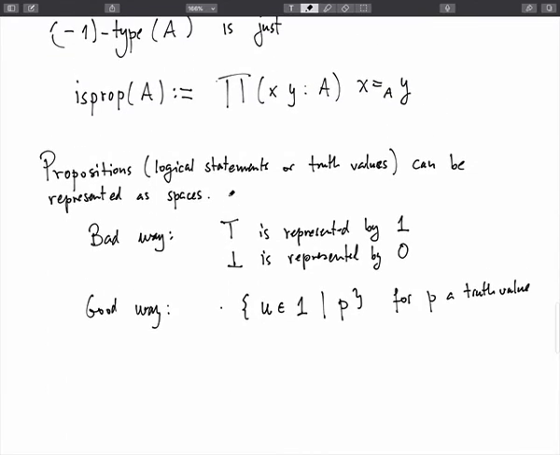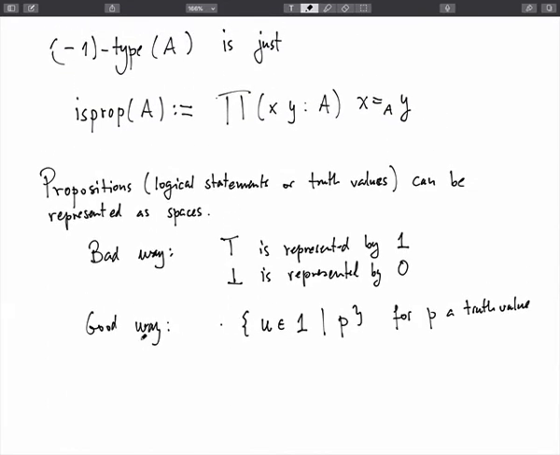So, in other words, 1 and 0 are all spaces with at most one point. A space or a set with at most one point is like a truth value, because if there is a point in it, then it represents true, and if there isn't a point in it, then it represents false.